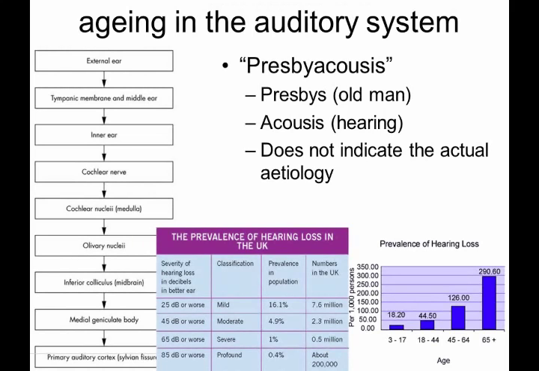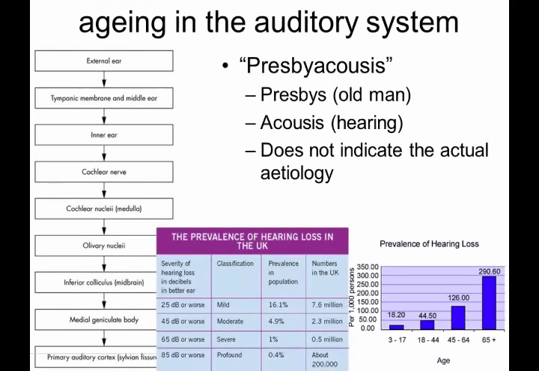These are the prevalences of hearing loss in the UK. You might have heard these in different lectures, probably in more detail. I just put that on here to motivate the whole thing. Not so much that one, because this is not age-related, just showing that 7.6 million people have a hearing loss of 25 dB, across all ages.